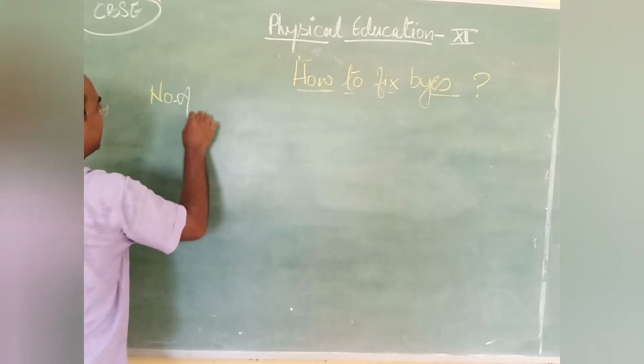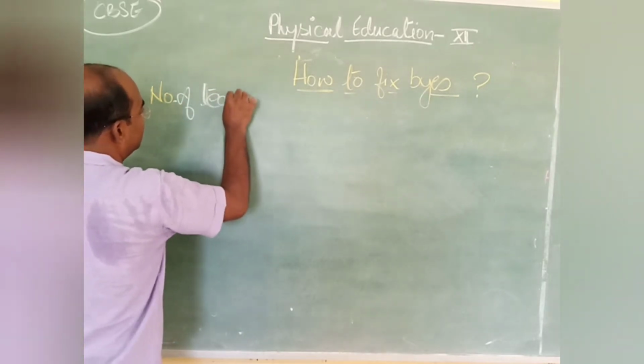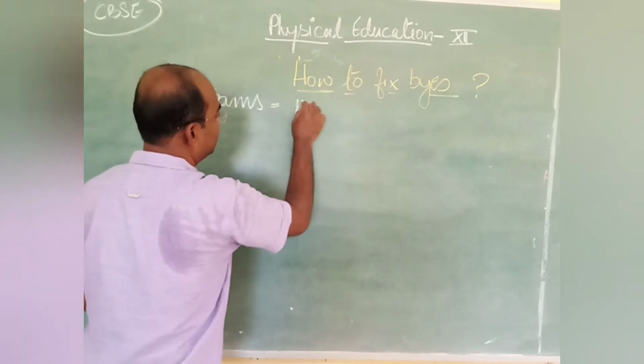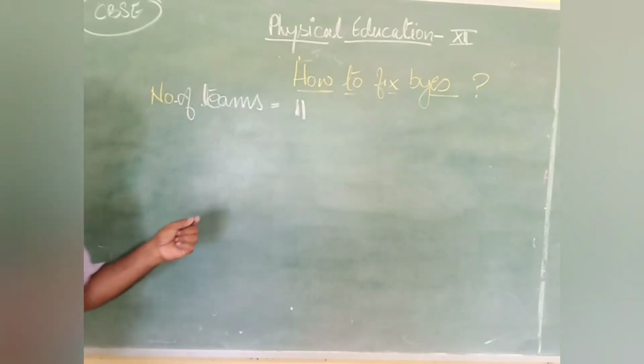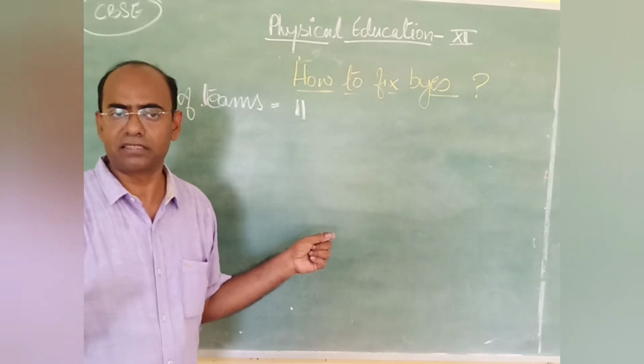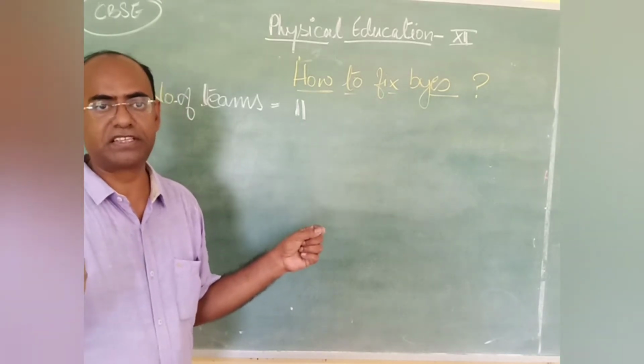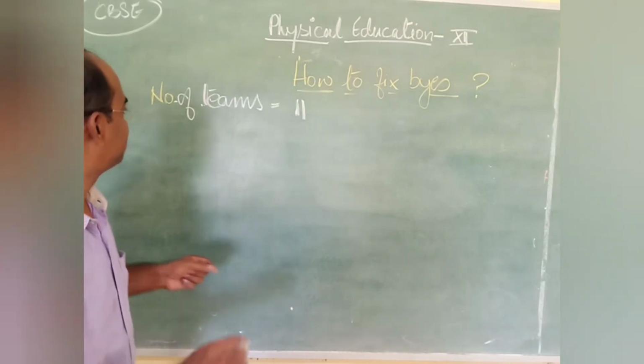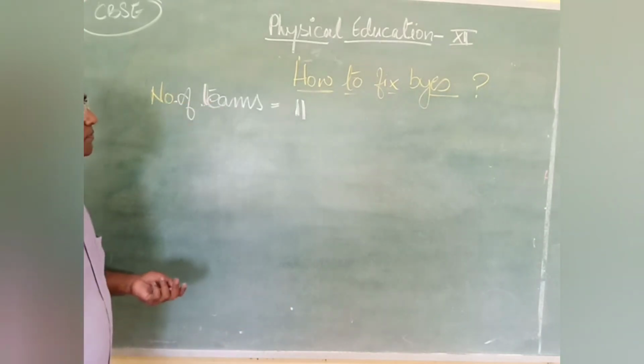Number of teams is equal to 11. So we will do systematically, step by step, and the same steps when you make fixture in your copy, every time you are supposed to follow.